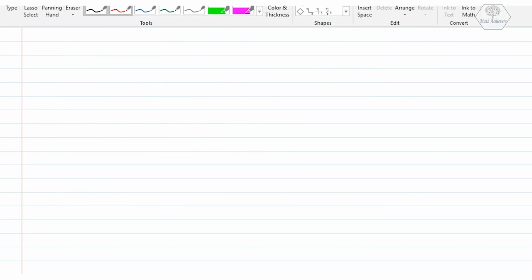Now let's talk about finding the x-intercepts. The third part is the x-intercept. We find the x-intercept when y is equal to 0, or the whole function is equal to 0, which is the same.